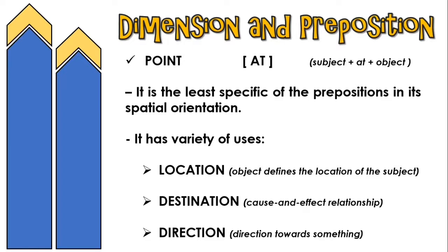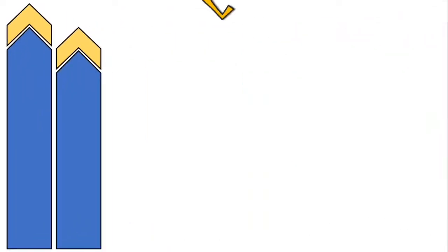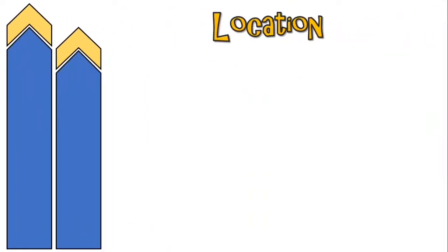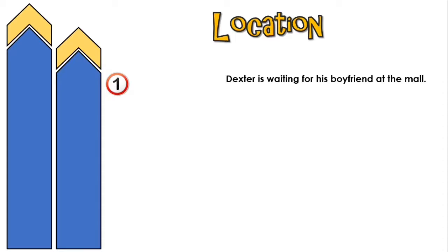To understand each of these, let us start discussing individually the uses of the preposition. Let us start with the location. There are two examples that I will be giving to you for us to understand when to use the preposition at for location. First example, Dexter is waiting for his boyfriend at the mall.